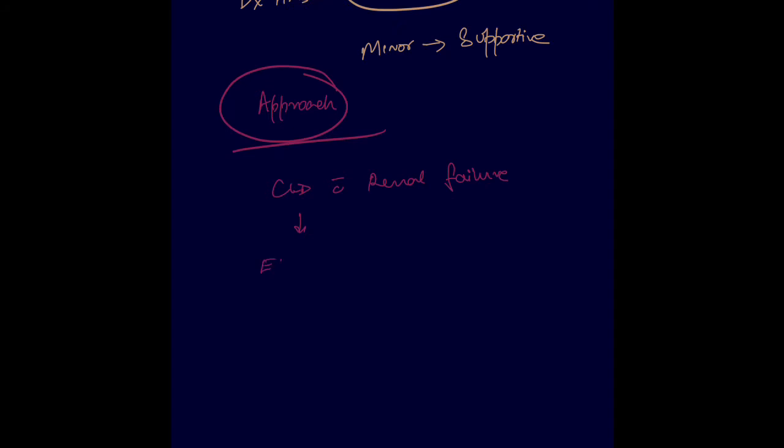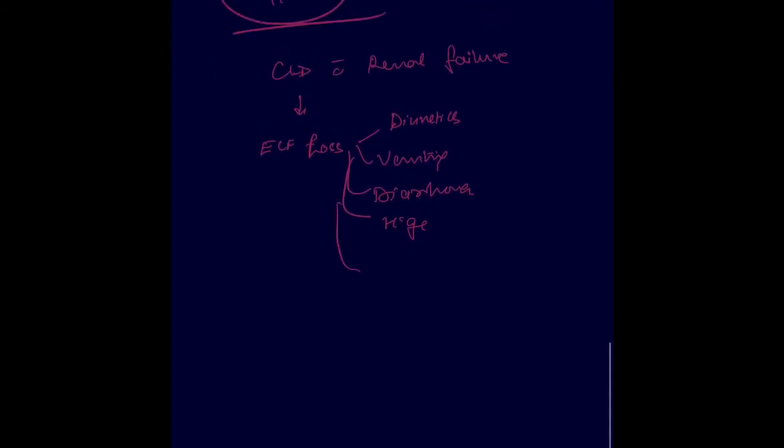So first of all, look for ECF loss, any extracellular fluid loss, like use of diuretics, vomiting, diarrhea, any hemorrhage or bleed, or any sepsis or shock. If any of this is present, then treat the underlying cause.